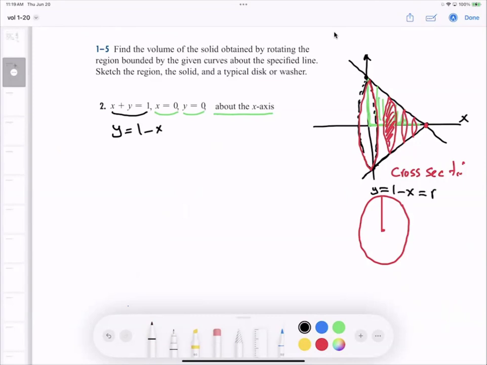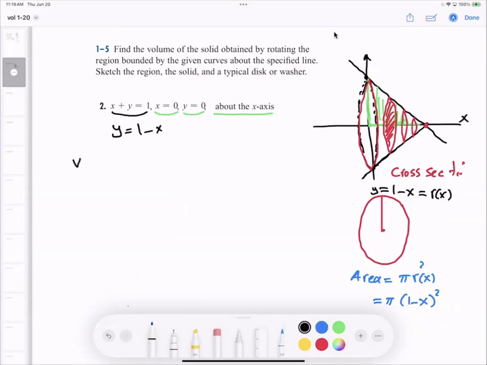This is your radius, or r of x. So the area of the disk is pi r squared, which is pi times 1 minus x to the second power. Very good. So let us go back to volume.